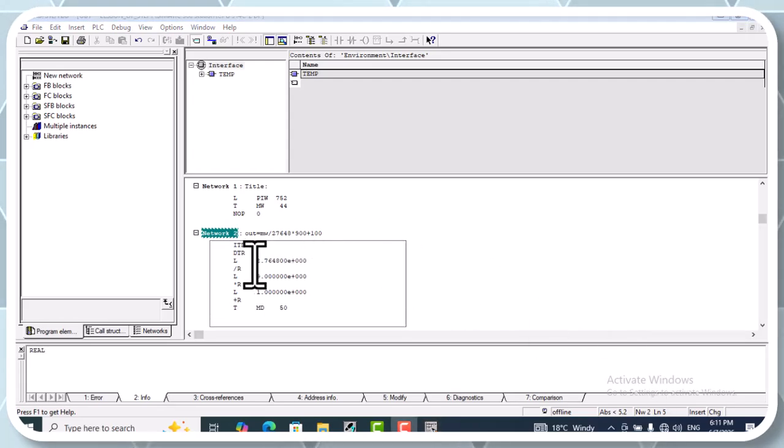So my friends, this code is used to scale an integer value to a percentage from 0 to 100%. Firstly we use ITD, which converts the integer value to a double integer.